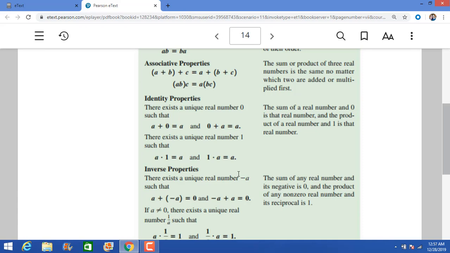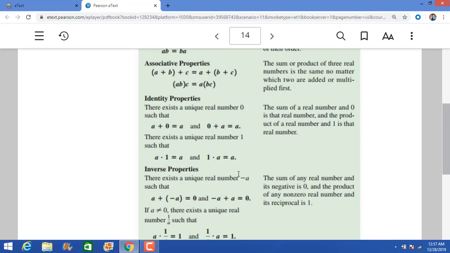And also, there has to be an identity for multiplication, which means that there has to be some real number that I can multiply any other real number by, and the operation leaves the real number unchanged. And so the multiplicative identity is 1.